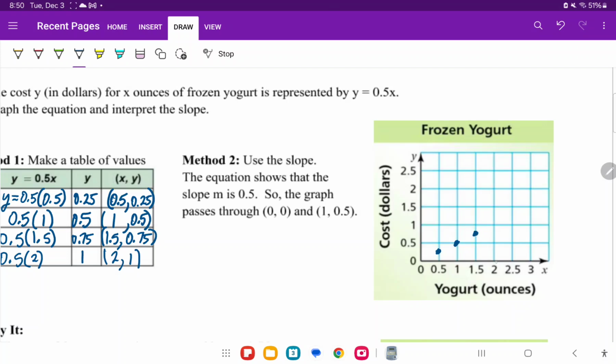And then the last one is 2, 1. Then you sketch your line like that. The equation shows that the slope is 0.5, so the graph passes through 0, 0, and 1, 0.5.